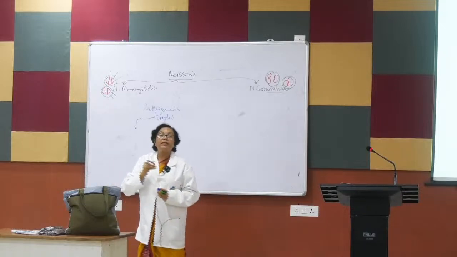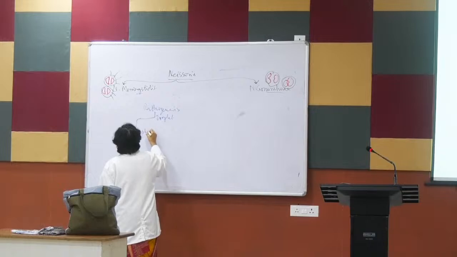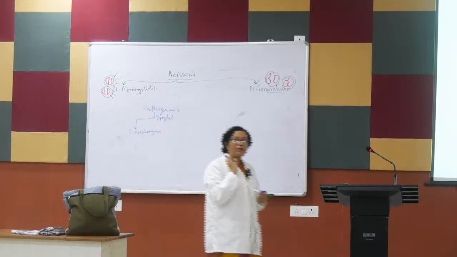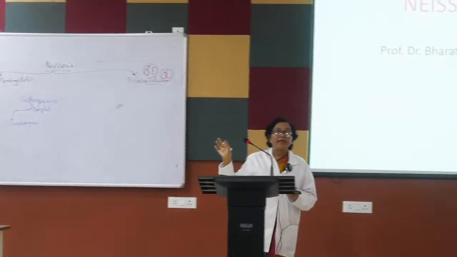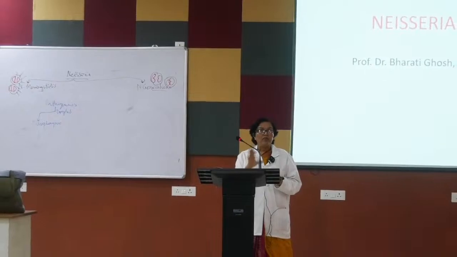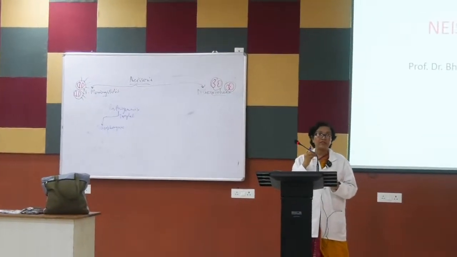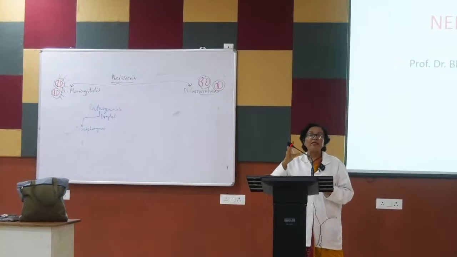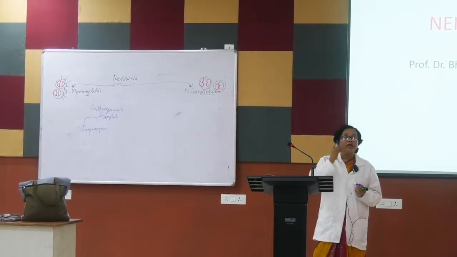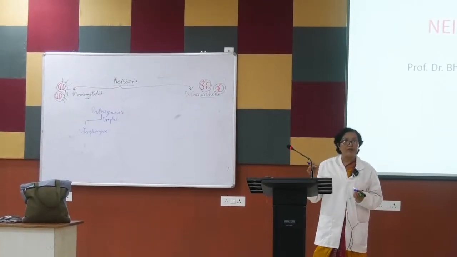Then it goes to the nasopharynx, and by the help of pili and some ligands present on the outer membrane, it is attached to the posterior surface. From there, via the sheath of the olfactory nerve, it goes to the cribriform plate.